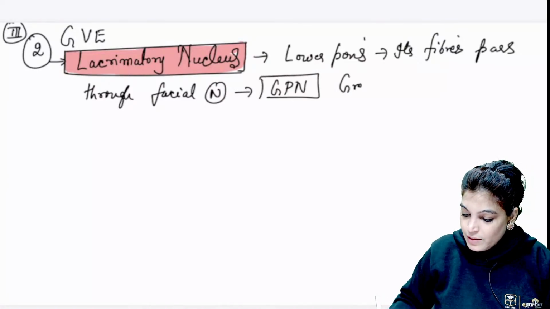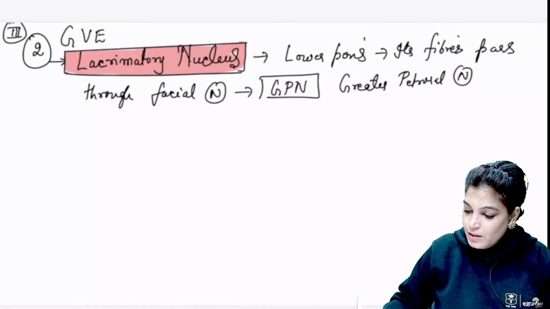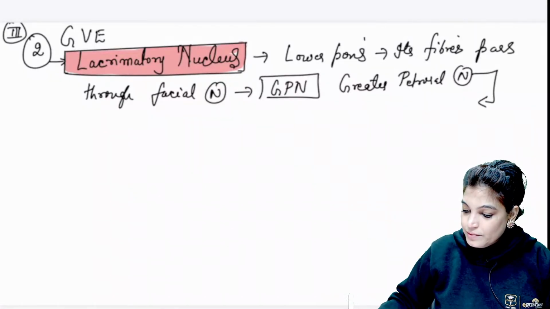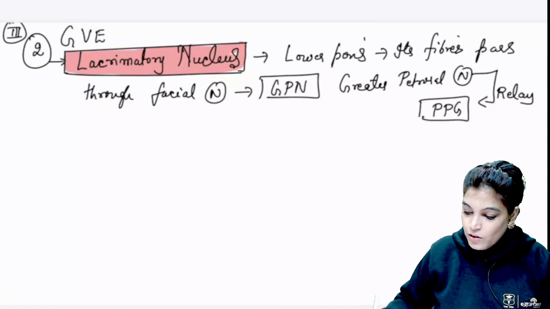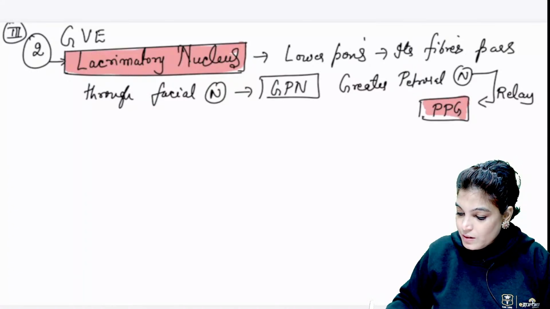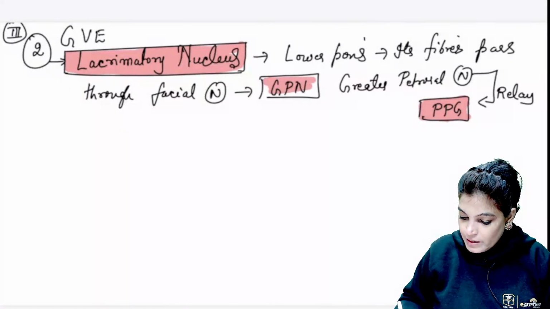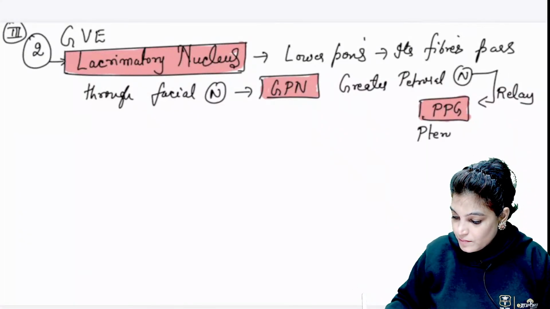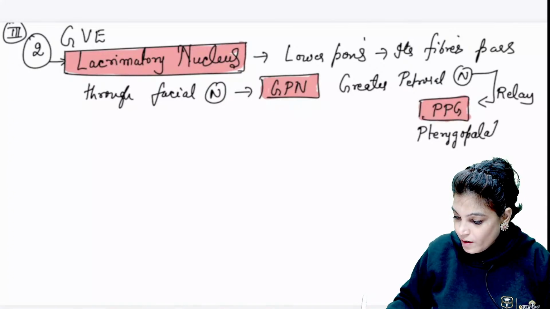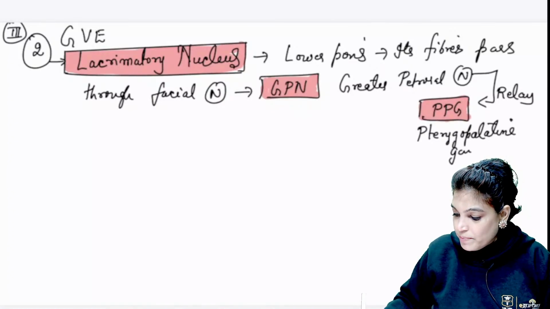Greater petrosal nerve, relay in PPG. What is PPG, my dear students? PPG is pterygopalatine ganglion. Greater petrosal nerve, pterygopalatine ganglion. Full form is pterygopalatine ganglion.